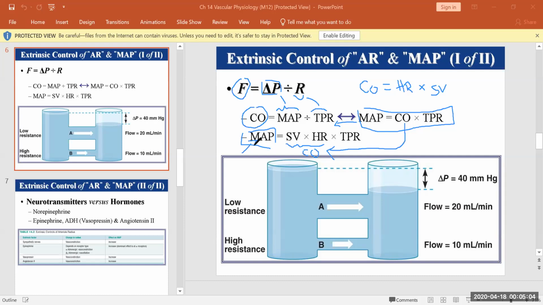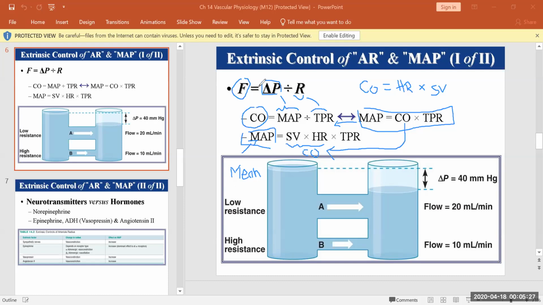There you go, right? MAP, mean arterial pressure. Okay? Mean, like the average arterial pressure.